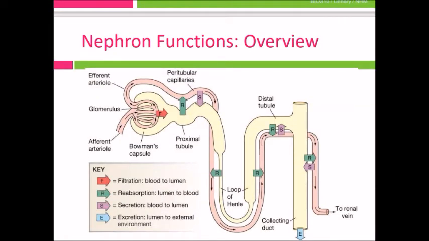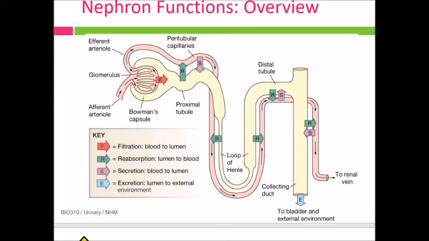So as you can see here, this is the overview of the nephron functions before we go into details of each process. This is the afferent arteriole. The afferent arteriole will form a structure known as the glomerulus. This glomerulus is surrounded by the Bowman capsule. Together they make up the renal corpuscle.